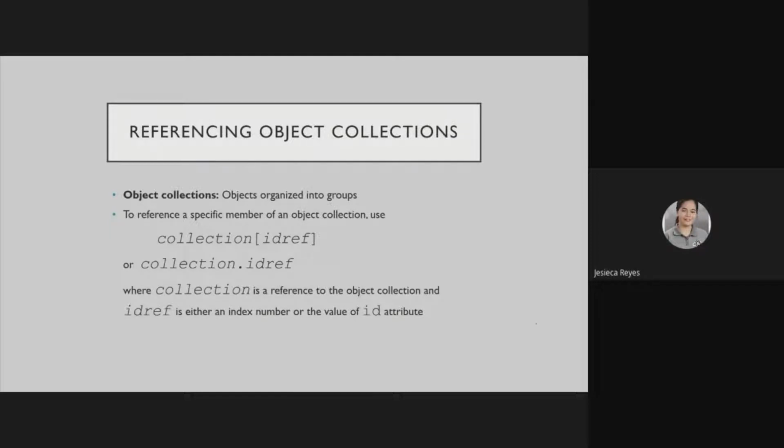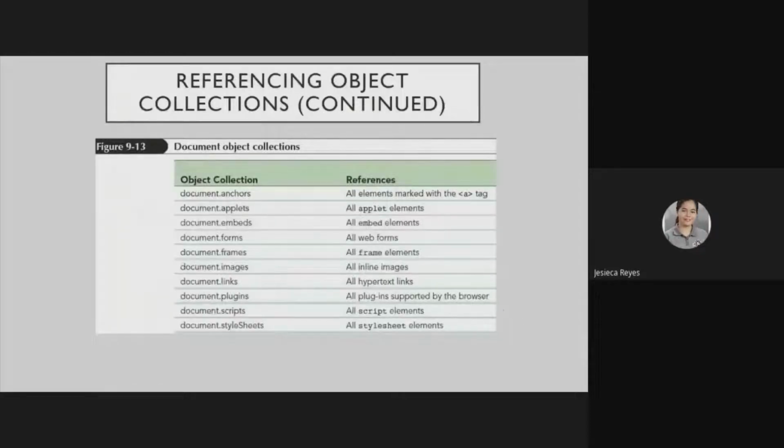So the ID attributes that were used in naming our form controls will be used here. So this figure shows the document object collections. Just like for document.anchors, all elements marked with the anchor tag will be used. The forms, okay, this object document.forms will be used for all web forms. So later we will be using this one.